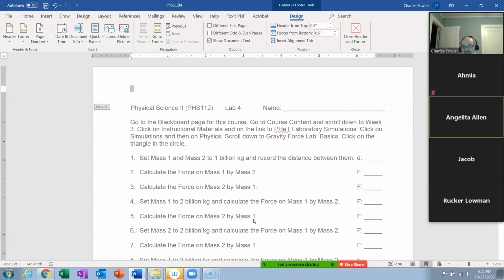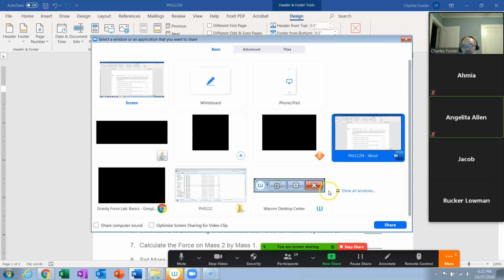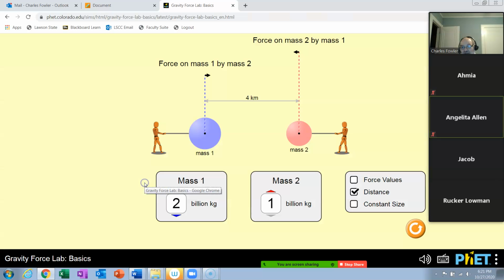Okay. Now, we're going to set the mass 2 to 2 billion kilograms. So let's go back to our, and let's bump this up to 2 billion kilograms. Okay? And guess what? Do the same type calculations. Now, do y'all want to continue doing these together as a group, or do you feel confident enough?